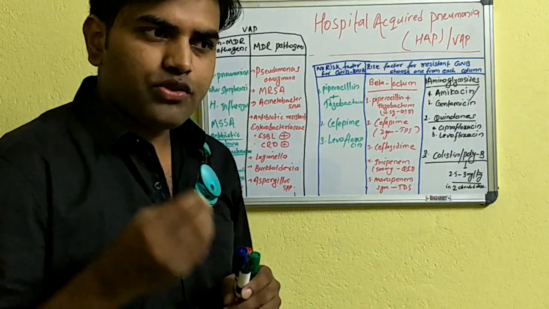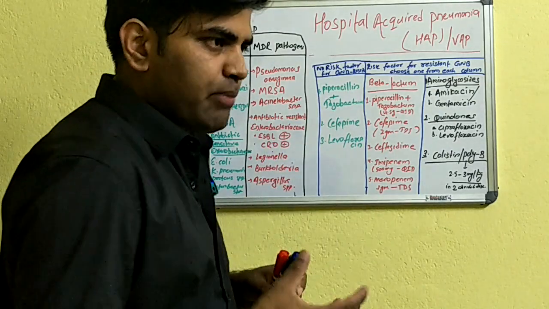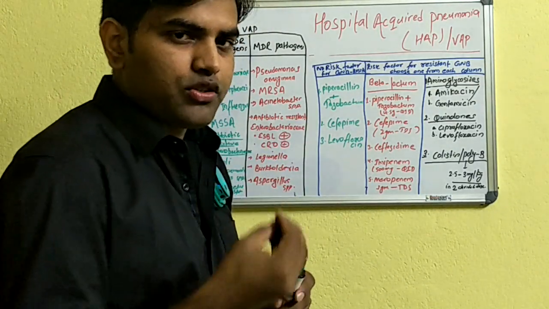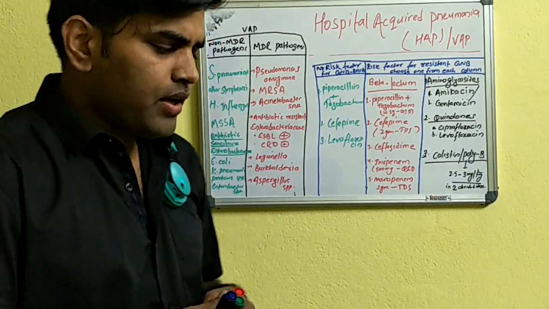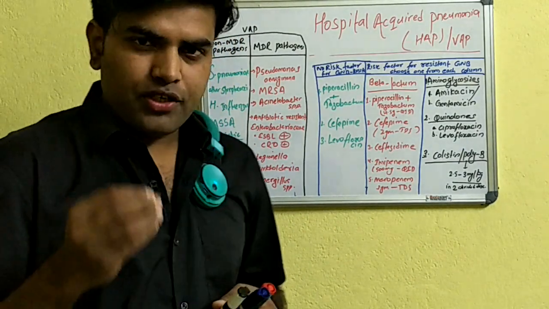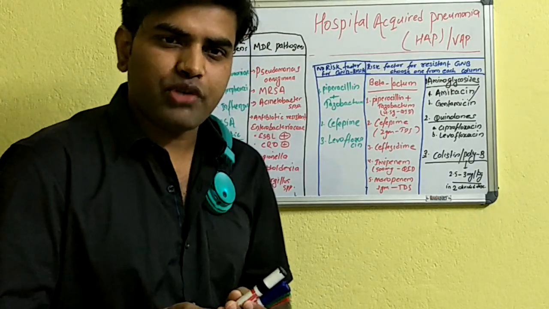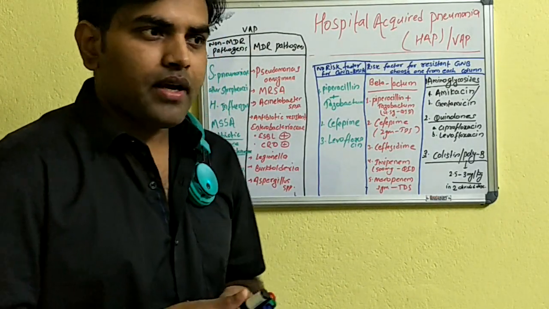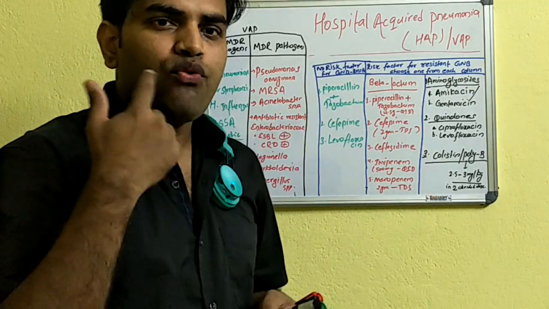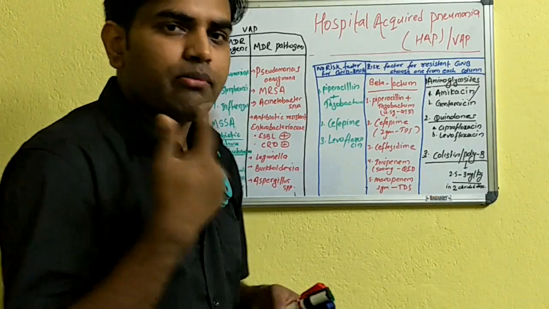Since ventilator-associated pneumonia develops in a ventilated patient, you have to know the pathogenesis, why a ventilated person develops this pneumonia. Before understanding that, there are three risk factors. One is the colonization of the oropharyngeal content with pathogenic bacteria.